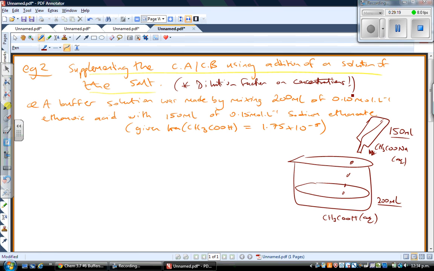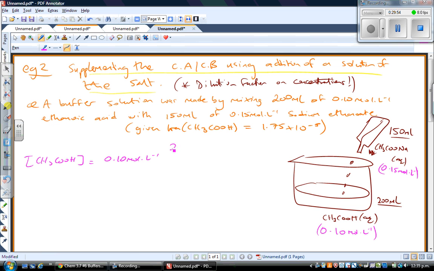So the first thing we need to do here is assess the concentrations that we have for the weak acid and the conjugate base. The weak acid's initial concentration is 0.10 moles per liter, and the starting concentration for your sodium ethanoate solution is 0.15 moles per liter. With the dilution factor, the concentration of CH3COOH is equal to 0.1 moles per liter at the original, multiplied by the dilution factor.